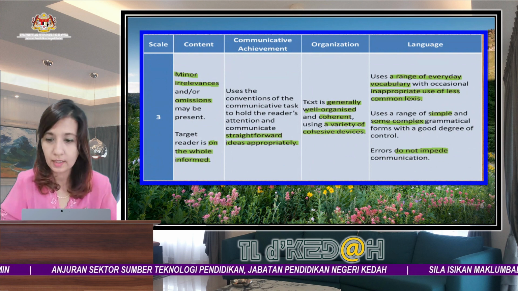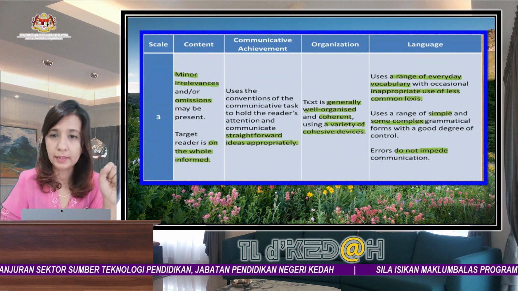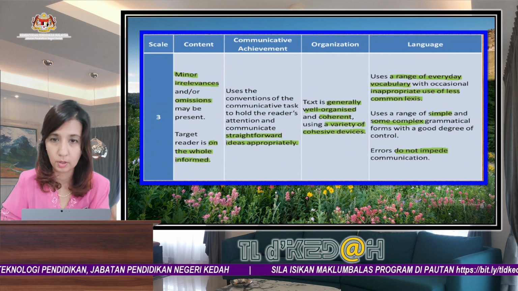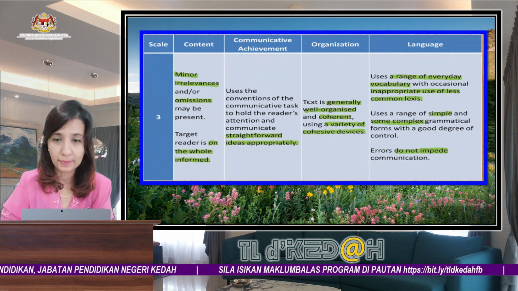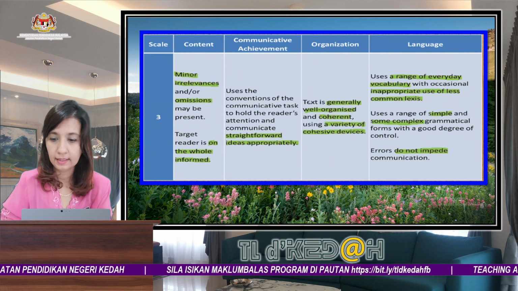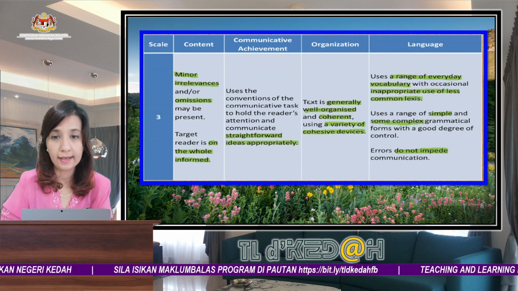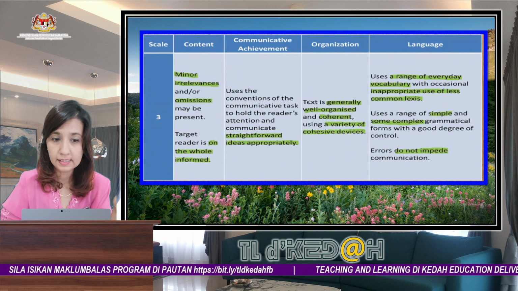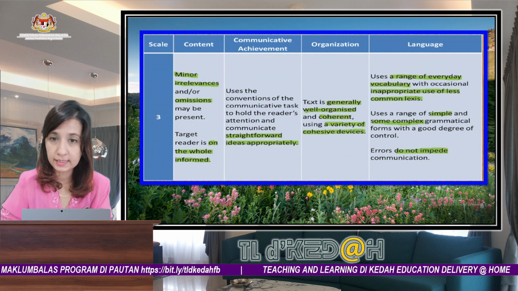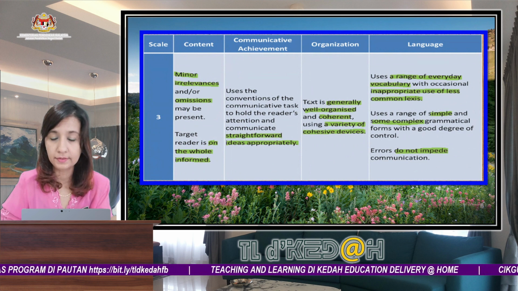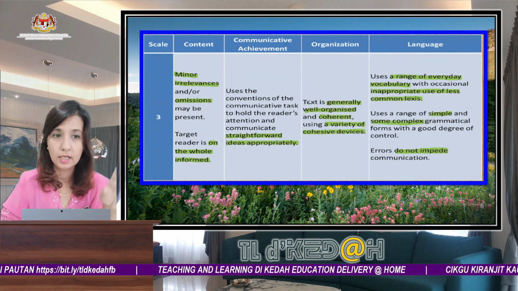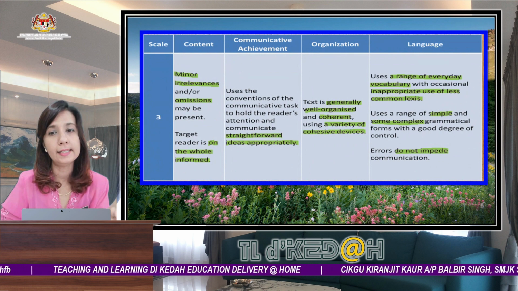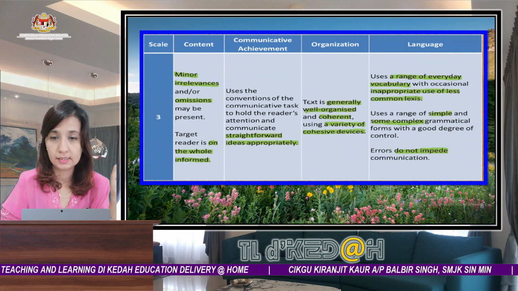For your grammar part, there should be maybe more simple grammatical forms, less complex structures, but you must make sure that your errors do not impede the communication. That means candidates under this category, 3 marks for language, even if you have errors, I can still understand your essay clearly, you can get 3 marks.